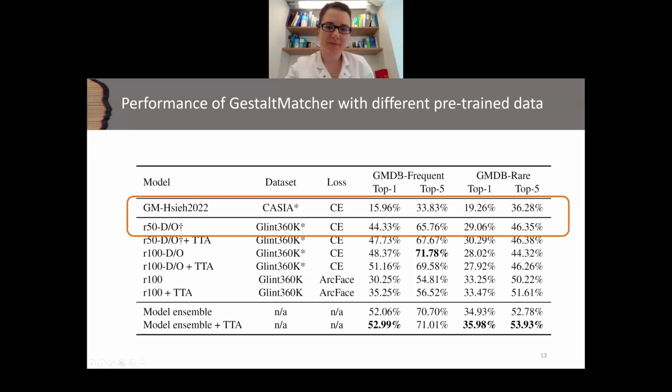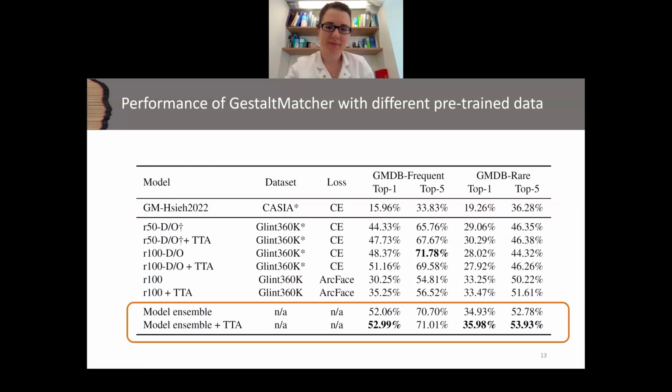Here we can see a significant improvement in the top 1 accuracy, almost 30%, and top 5 accuracy is also 30%. Therefore, we know that in the previous publication, our architecture maybe was not really suitable for this task. We found that ResNet 50 or ResNet 100 can significantly improve the performance.